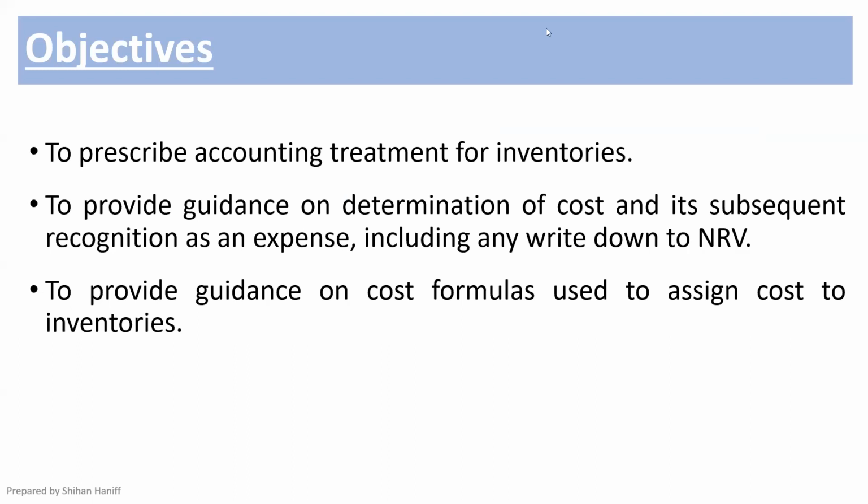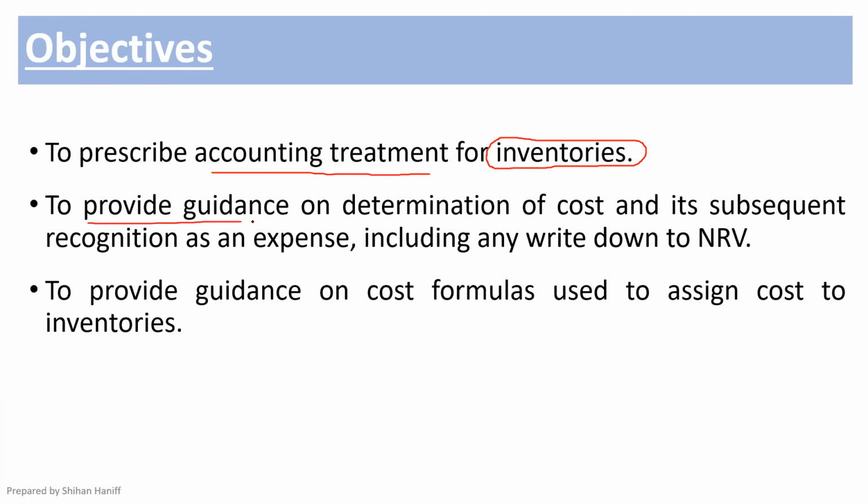Any accounting standard has its objectives. So when you take the inventory standard, there are three main objectives. First is to prescribe accounting treatment for inventories. What is the accounting treatment for inventories?